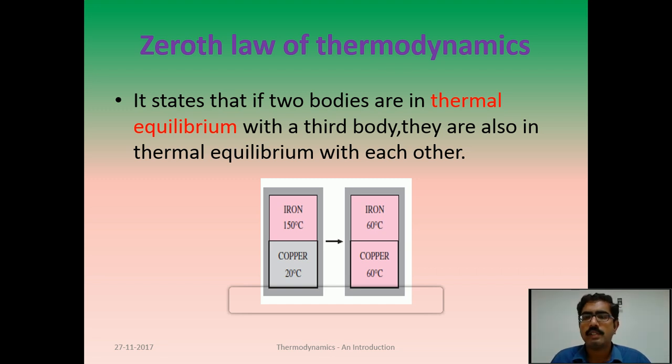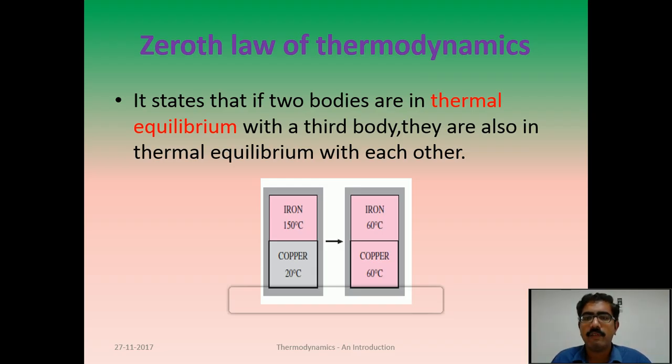After some time, there will be a transfer of heat from the higher temperature to the lower temperature. In natural phenomena, heat transfers from a higher temperature medium to a lower temperature medium, because from lower to higher temperature heat cannot be transferred. If we want to transfer heat that way, we have to use a special type of device.